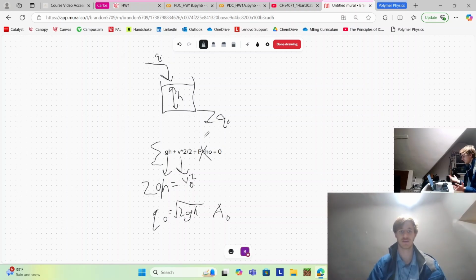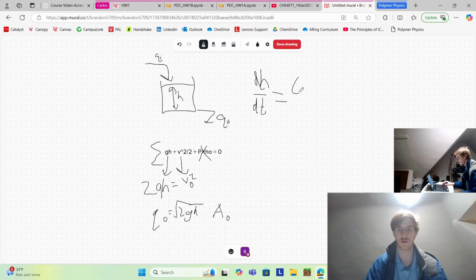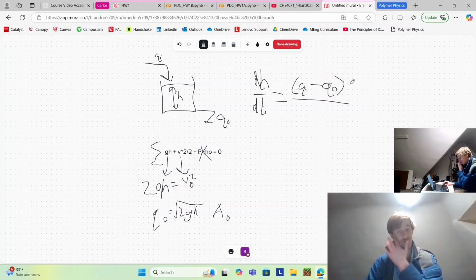Now, the reason I solve for this volumetric flow rate is because this height change, if we take dH dt, is going to be dependent on the flow coming into the tank minus the flow going out of the tank. And to go from volumetric to height, we can multiply by our cross-sectional area.